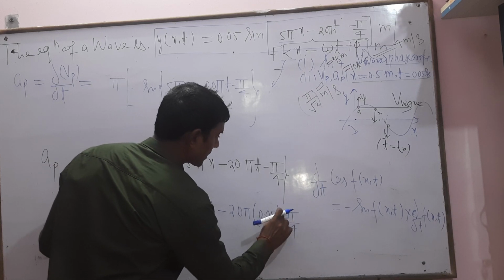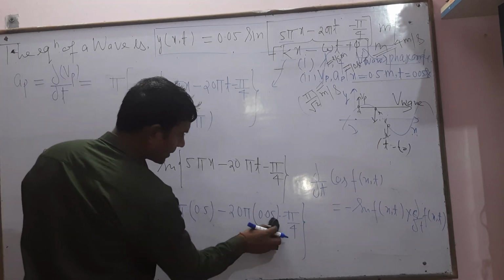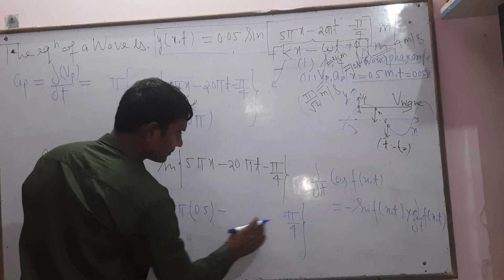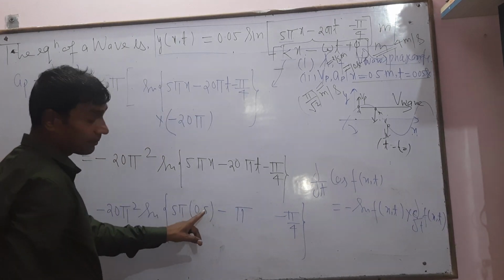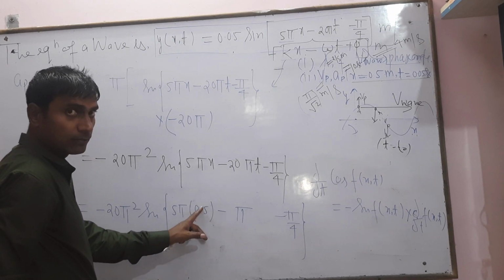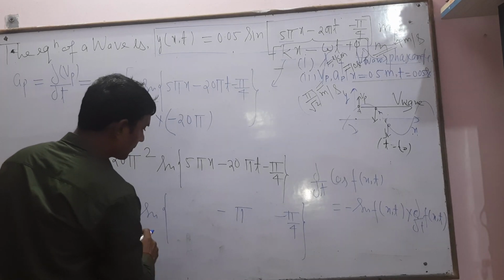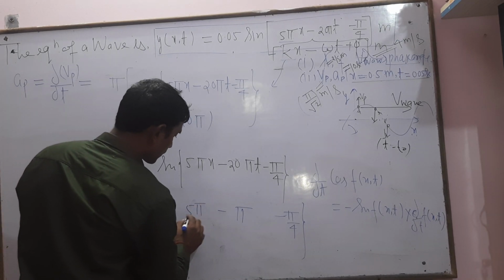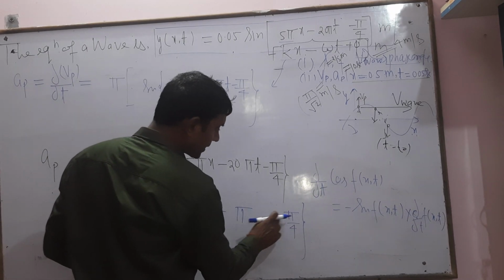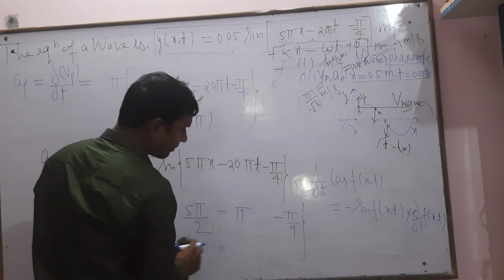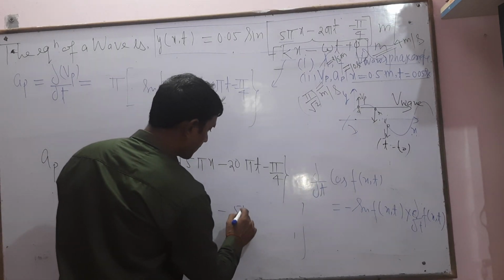So 5 pi into 0.5 is 5 pi by 2. And 5 pi by 2 minus pi minus pi by 4 will be equal to minus 5 pi by 4.